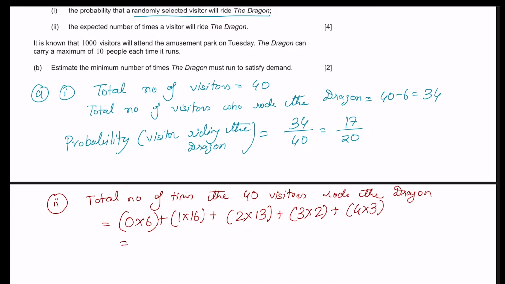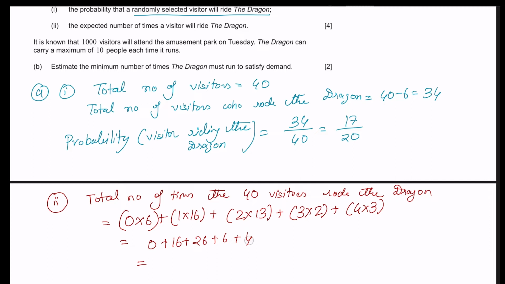If I simplify this, it is 0 plus 16 plus 26 plus 6 plus 12, sorry. 16 plus 26 is 42, plus 6 is 48, 48 plus 12 is 60. So total number of times these 40 visitors rode the Dragon is 60.